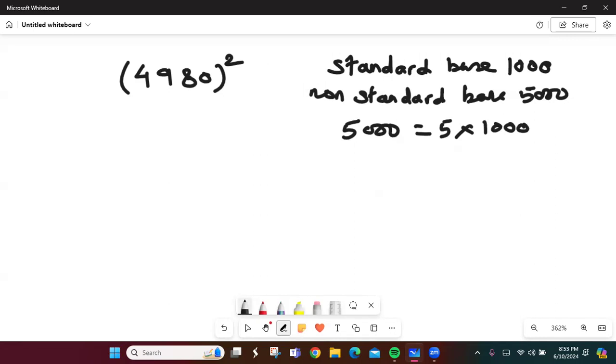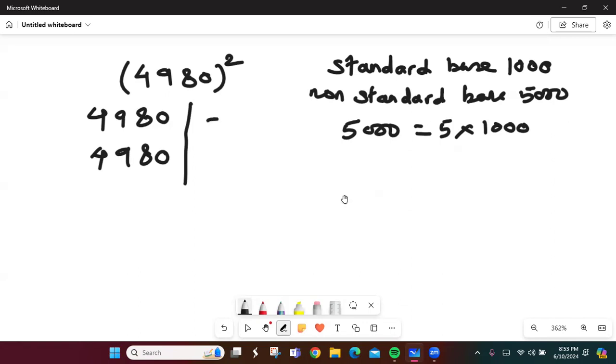So let us follow the same procedure once again. 4,980, 4,980. Let us write one below the other. Now, 4,980 is 20 less than the non-standard base.